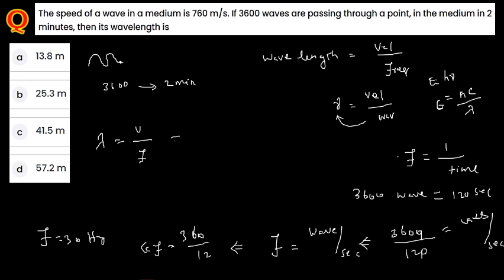Now substitute the value: the velocity is 360 divided by the frequency, which is 30. Cancelling gives 76 divided by 3, so the wavelength here is 25.3 meters. That is the answer.